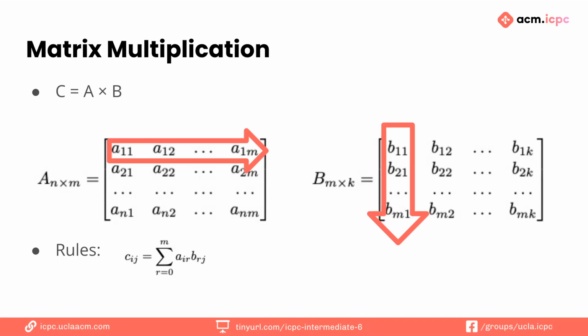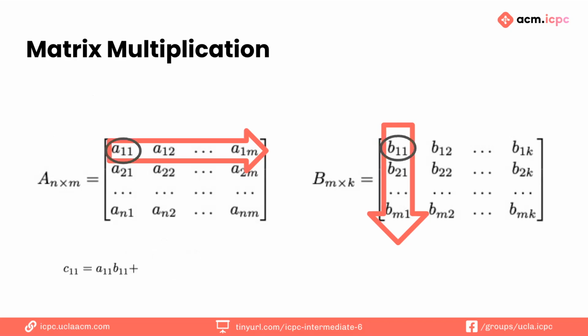It may look a bit abstract, so we are going to demonstrate how it works. So first, for example, we need to calculate C11. Then we take the first row of A and the first column of B. And then we pick the first entry in these two lines, that is A11 and B11, and we multiply them together.